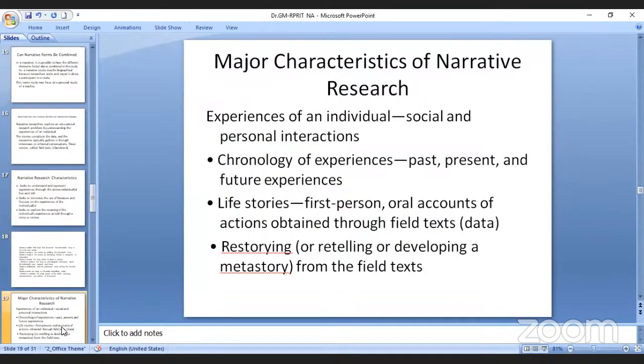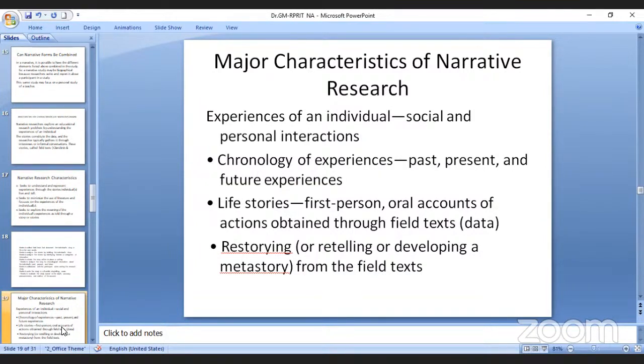Then the major characteristics of narrative research: experiences of an individual in social and personal interactions; chronology of experiences, that is past, present, and future experiences; life stories, first-person or oral accounts of actions obtained through the field text, that is data; and restoring, retelling, or developing a meta story from the field text.